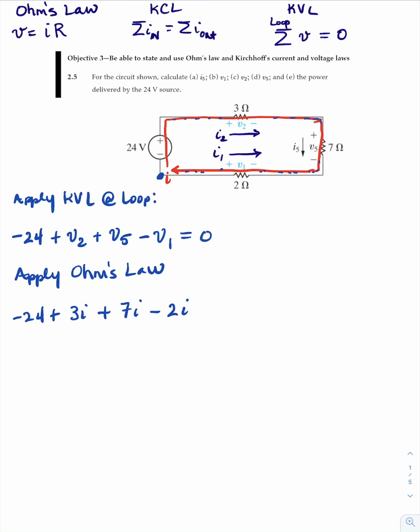Do we make that a plus? Because this would be a plus as far as I is concerned. So that should be a minus I, so we'll make it a plus. So that's 5 plus 7, which is 12I, is equal to 24. We'll move this over to this side. So I is equal to 2 amps.